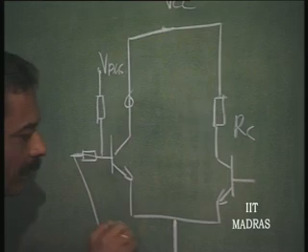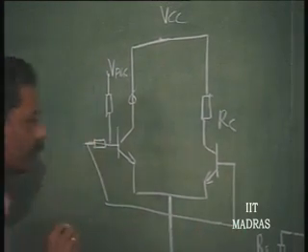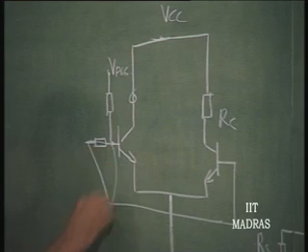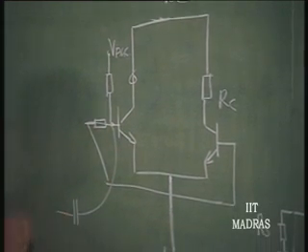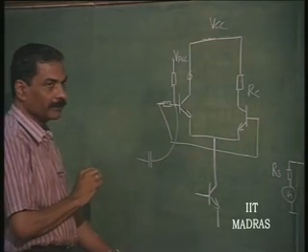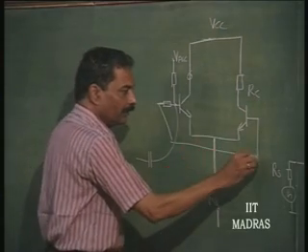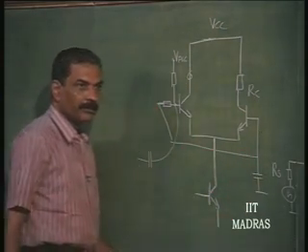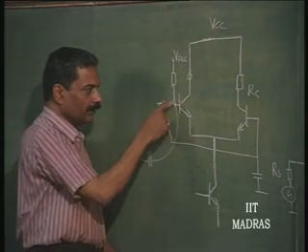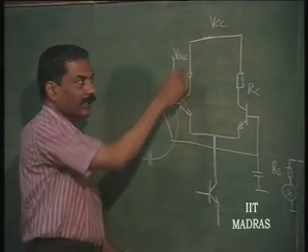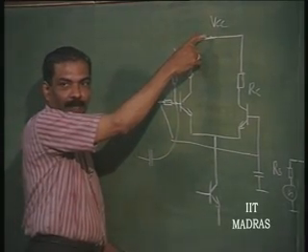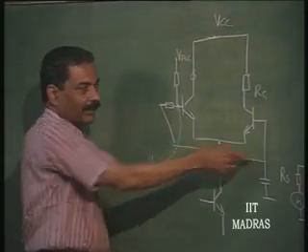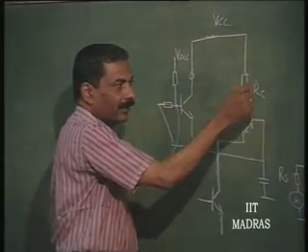All that you forget about. So, you will now give the input at this point, right, and you will ground this point through a capacitor. So, this is acting as common collector, collector is connected to supply and half the voltage will appear here, and this will act as a common base and across.